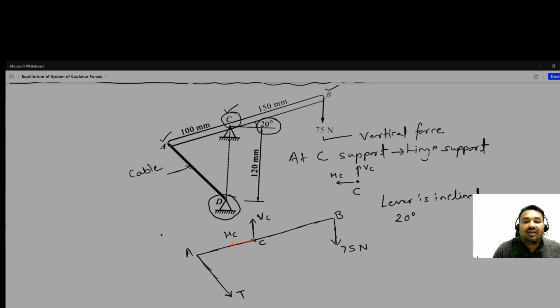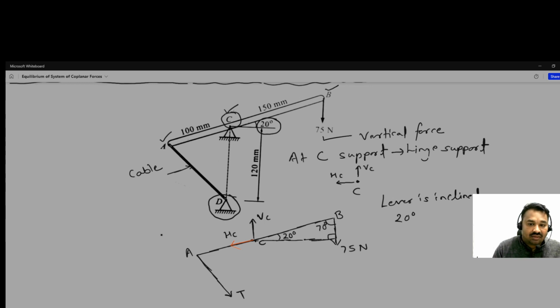Okay, now this is inclined with 20 degree. So let us draw the perpendicular to this vertical load 75. It is here perpendicular, so this angle will be 70 degree.